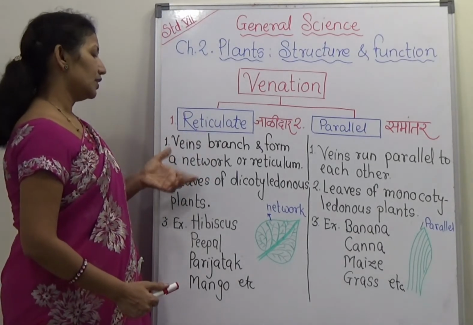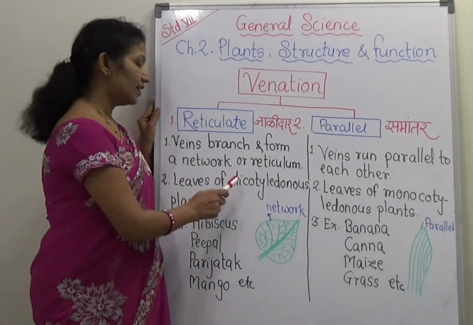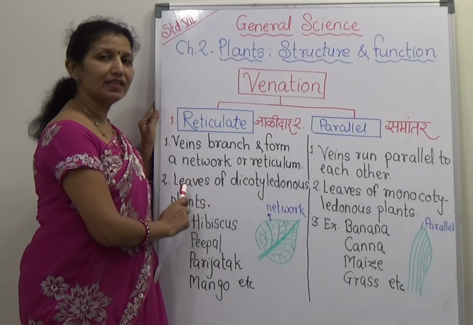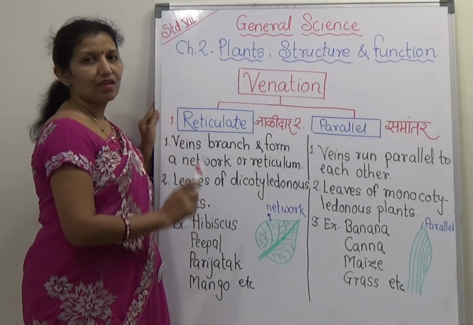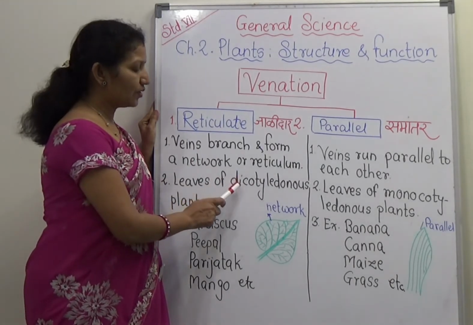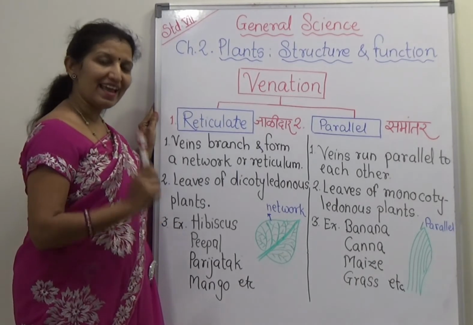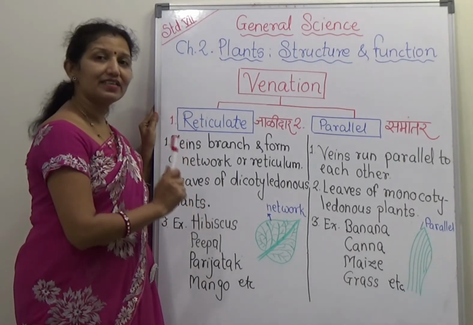these leaves are of dicotyledonous plants, and those plants are having this reticulate venation. Because dicotyledonous plants, they are having which type of root? Yes, taproot. Dicot plants are having taproots.